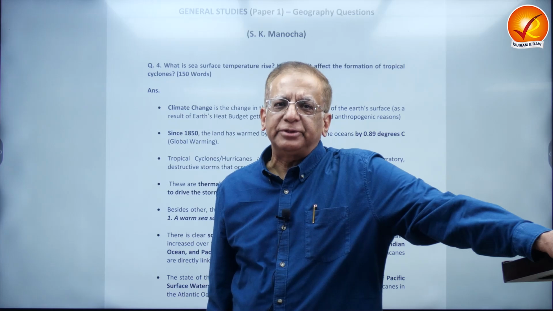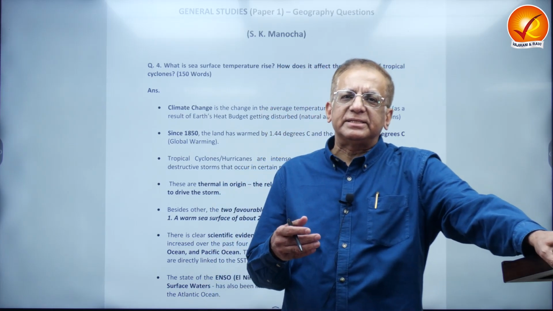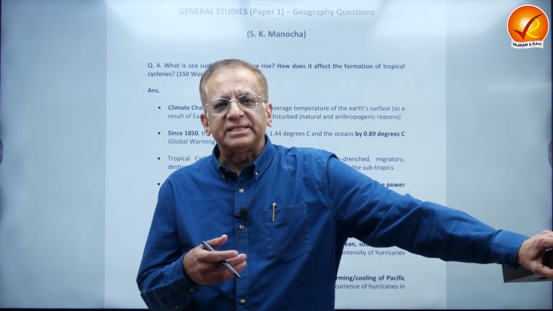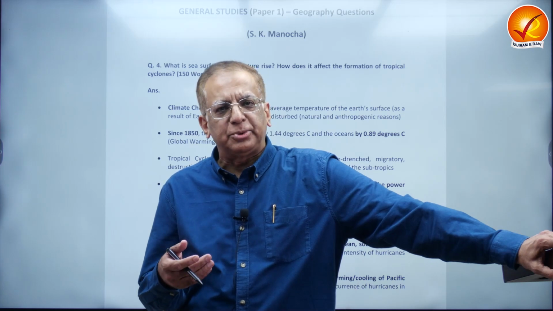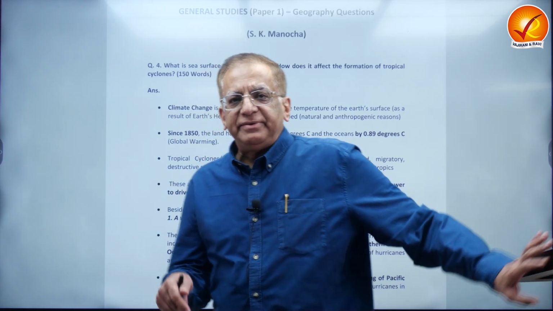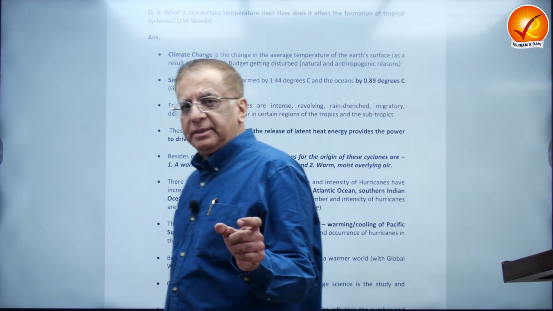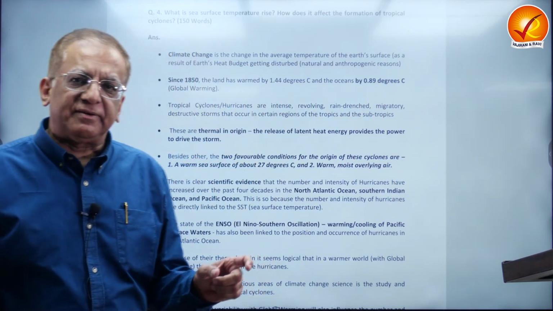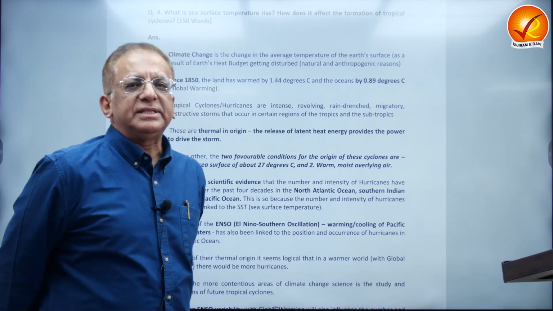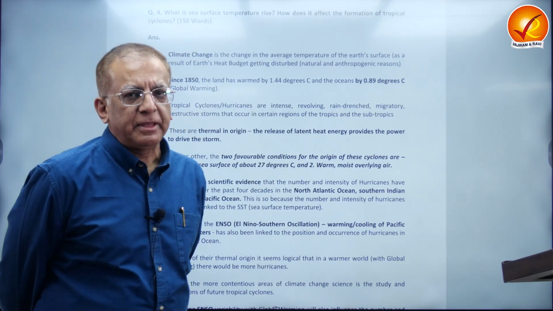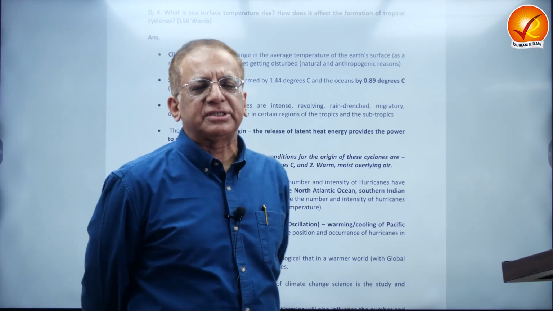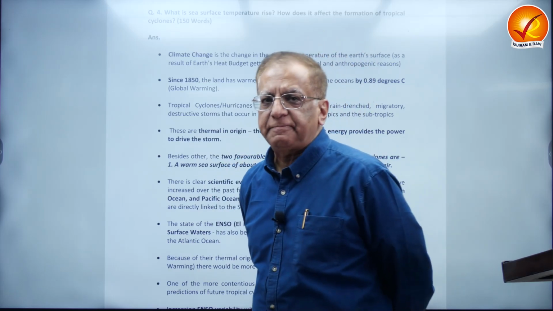And today, on the earth, this heat budget is getting disturbed for both sets of reasons, natural and anthropogenic. And having mentioned that, you can give factual information about the estimation of the scientific community for this change of temperature, or the rise in temperature because of global warming, in the present times.